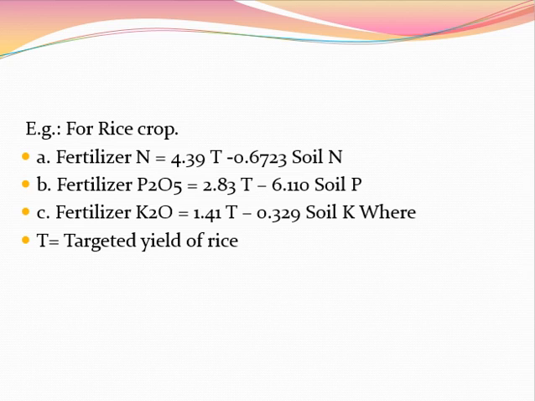Then fertilizer phosphorus is 2.83 T minus 6.110 soil phosphorus. Fertilizer K2O is 1.41 T minus 0.329 soil available K. T is the targeted yield of rice.